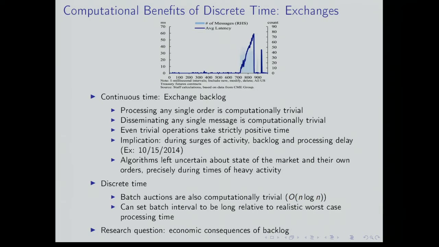So you could use a realistic batch interval and have a cushion relative to a realistic worst-case processing time. I think a research question is the economic consequences of backlog. On the one hand, 60 milliseconds of backlog in a black swan event is pretty good. On the other hand, it occurs precisely during times of confusion and duress.